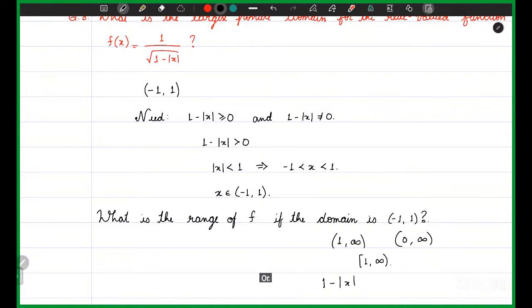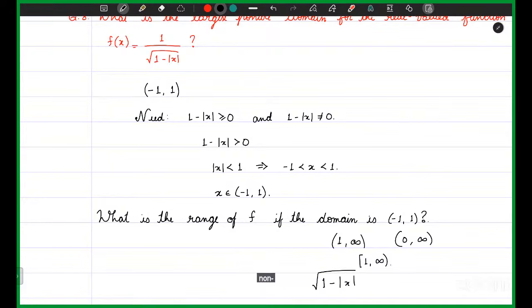Or let's just keep that square root as well. I want the maximum value of this expression in order to get the minimum value that f takes. What is the maximum value of this expression? 1. When does that maximum value occur? When x is equal to 0, because you are taking 1 and subtracting something non-negative.